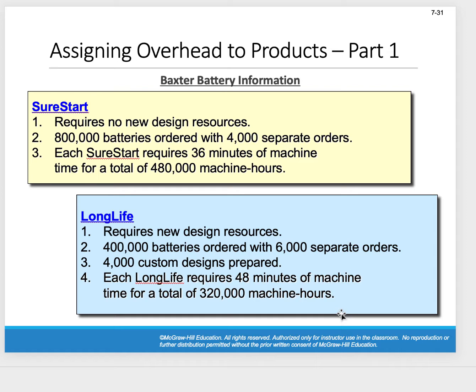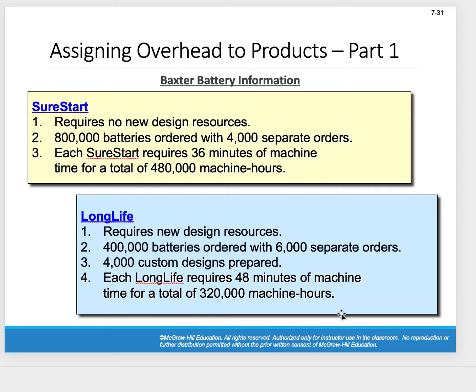We have 4,000 separate orders. Each Sure Start requires 36 minutes of machine hours. That means we're going to have total machine hours for the year of 480,000.